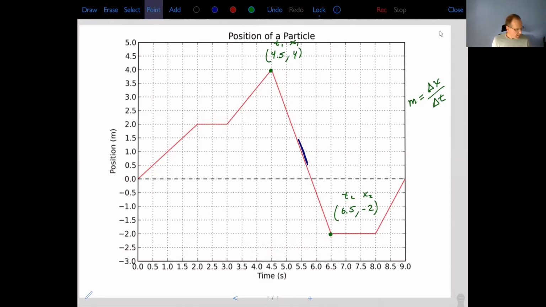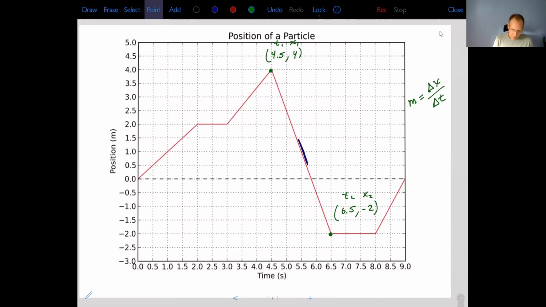Okay, over what interval is the speed of the particle the greatest? The speed is the magnitude of the velocity, so it doesn't care about the sign. It doesn't care if we're moving forward or backwards. So how do I figure out where I have the greatest speed? It's the location where we have the greatest slope.